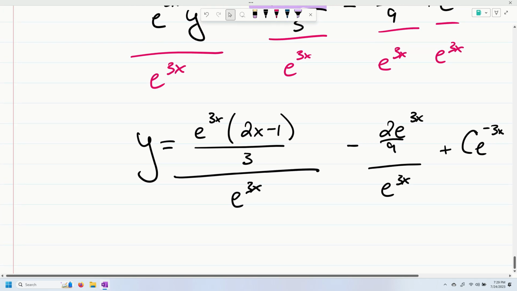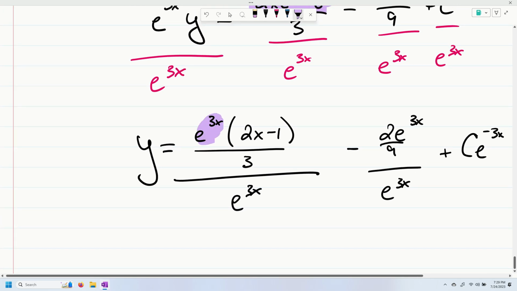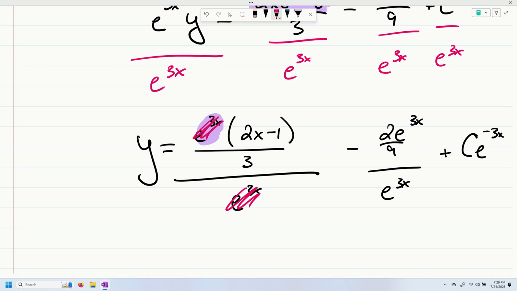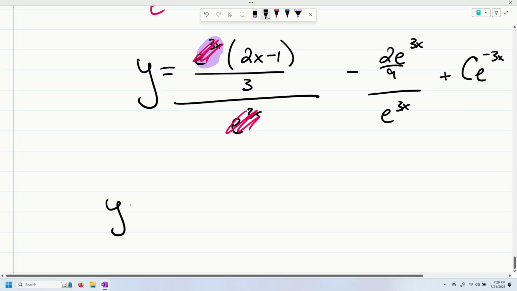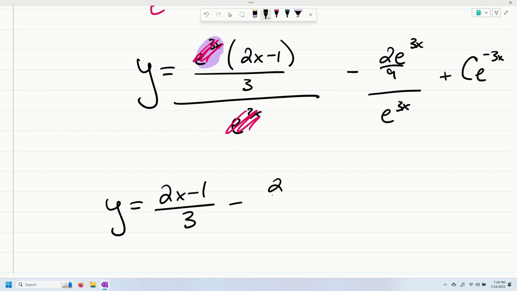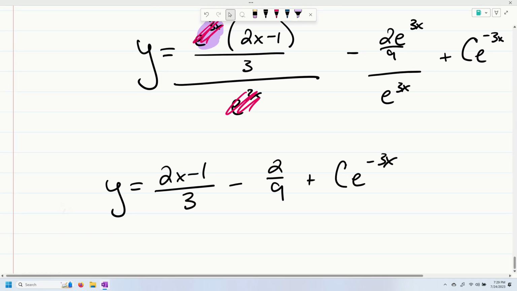The reason I wanted you to be careful is these will end up reducing. So you're left with y equals (2x minus 1) over 3 minus 2 over 9 plus c e to the negative 3x.